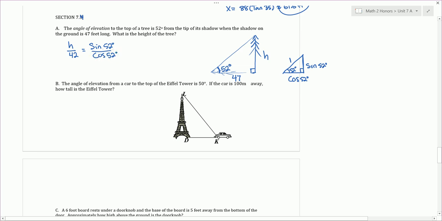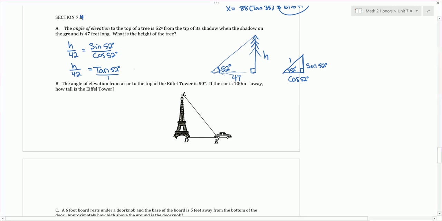Now we can work with both the sine and cosine of 52, our calculator works with that, or we can change that to sine over cosine is tangent, and I'm going to use that. So h over 47 is equal to the tangent of 52, and you can put tangent over 1.